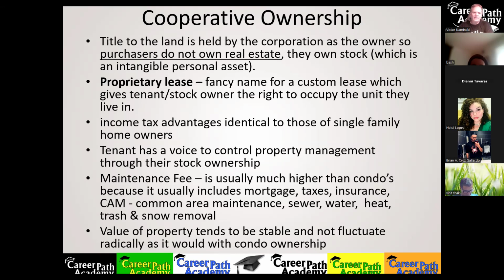And you can appreciate in value and then sell that property at a much higher price. Cooperative owners, co-op prices tend to be a lot more stable. They don't radically fluctuate as much as condominiums or single family houses would.